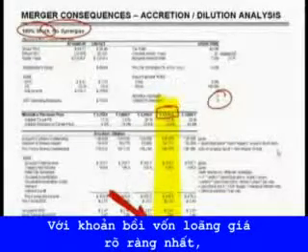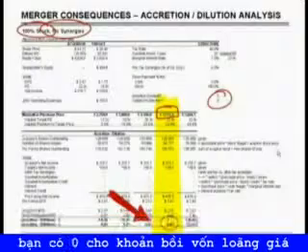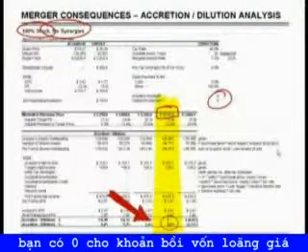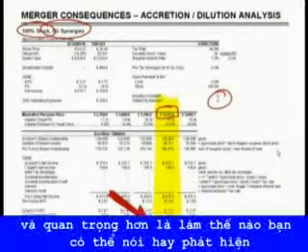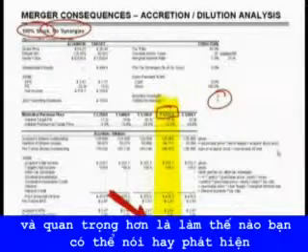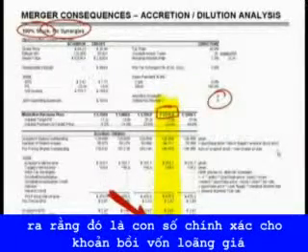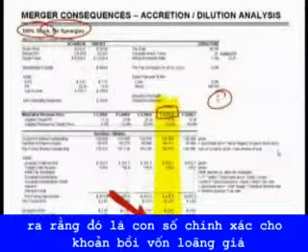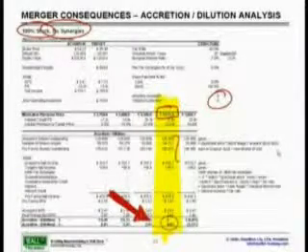The cleanest, most base case accretion dilution, you will have zero accretion dilution. And more importantly, how could you have told or discovered that this was the correct zero accretion dilution number without running through the entire analysis?